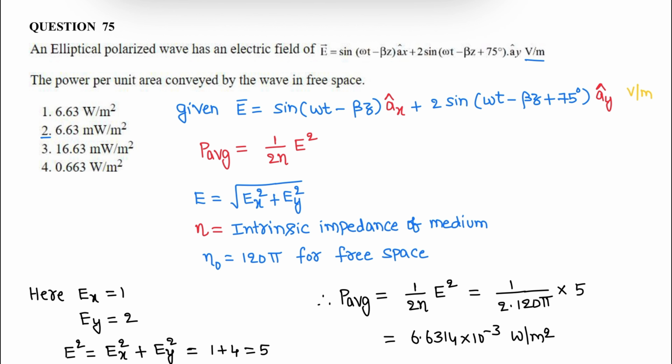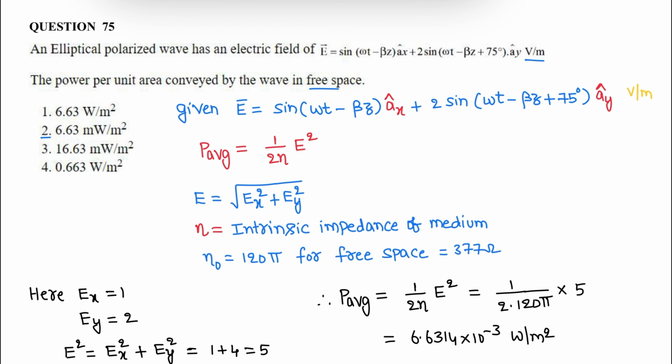So average power is E squared by 2η, where E is written as the square root of Ex squared plus Ey squared, and η is the intrinsic impedance of the medium, and its value for free space is 120π or approximately 377 ohms. Here the x component of the electric field, Ex, is 1 and the y component, Ey, is 2.